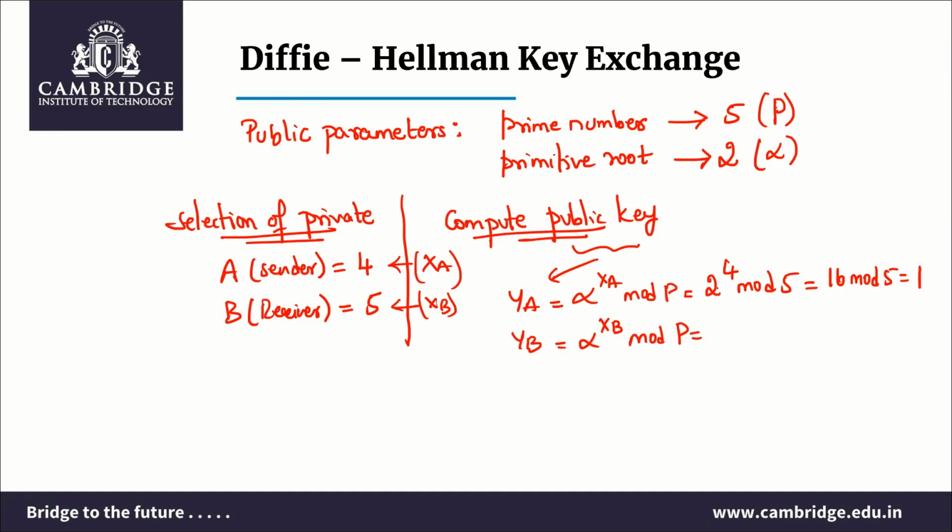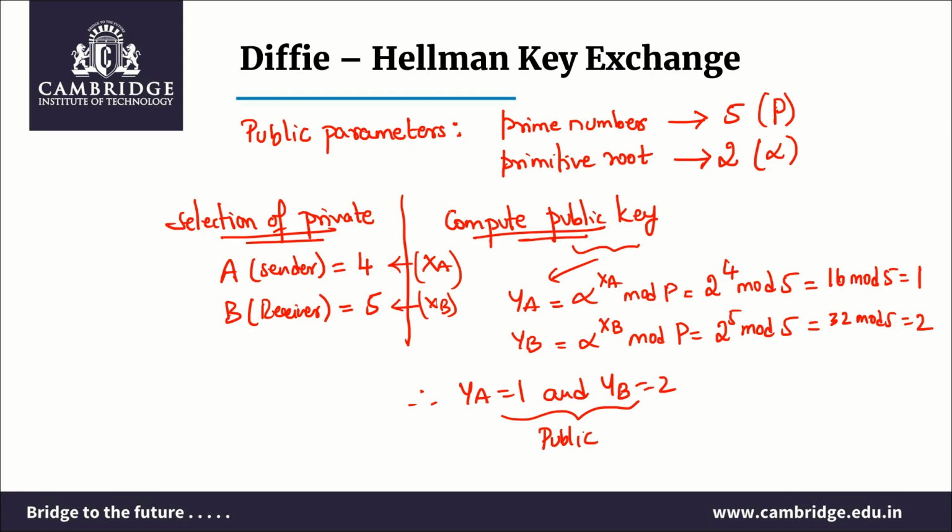Alpha power XB is 2 power 5 mod 5. So 2 power 5 is 32, and 32 mod 5 gives 2. Therefore, you got two public keys: YA is equal to 1, and YB is equal to 2. So you have calculated the public keys.